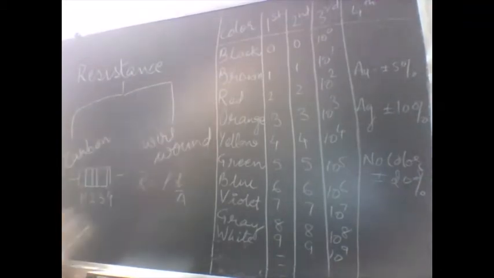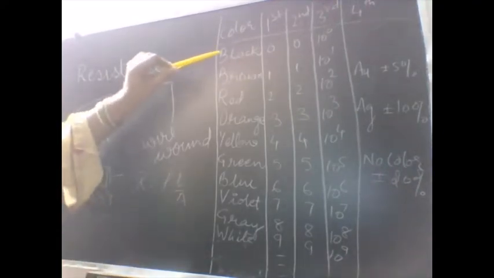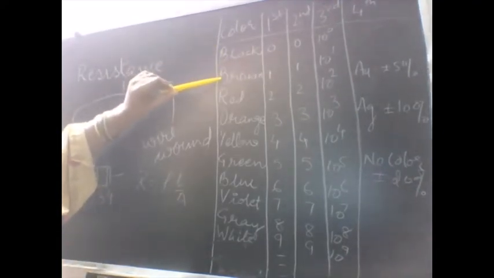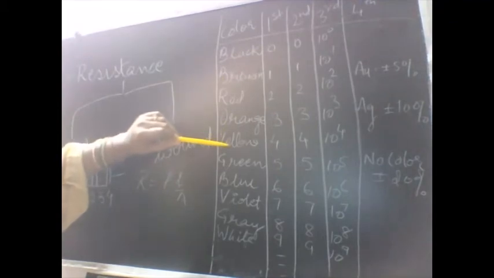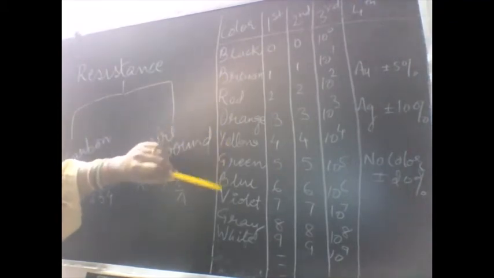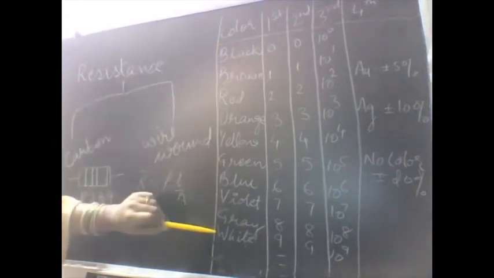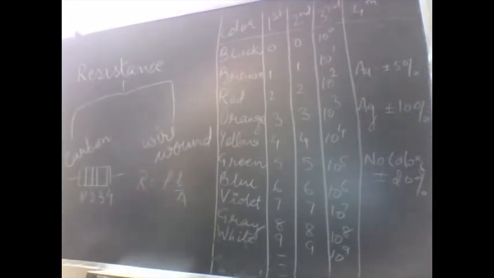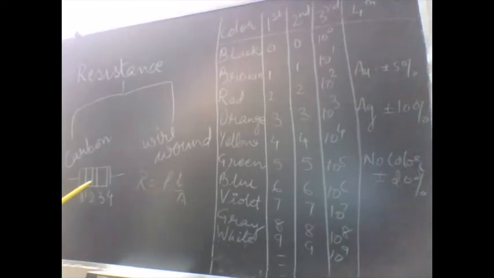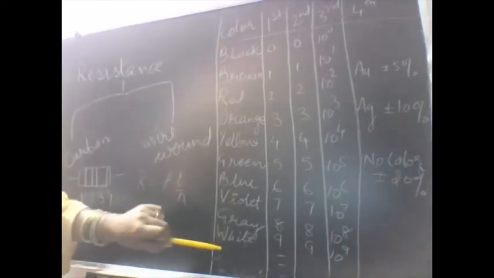Have a look at this table here on the right hand side. We can have in all 9 colors, starting from black, followed by brown, then red, orange, yellow, green, blue, violet, grey and white. So these are the colors that can be provided with the first 3 rings. So the first 3 rings can have colors ranging from black to white.